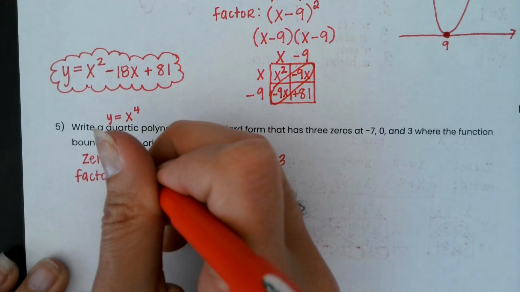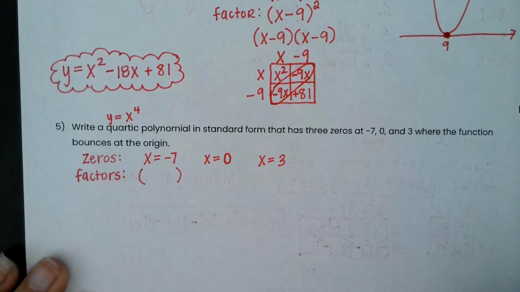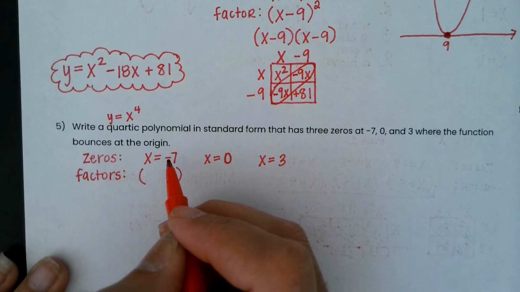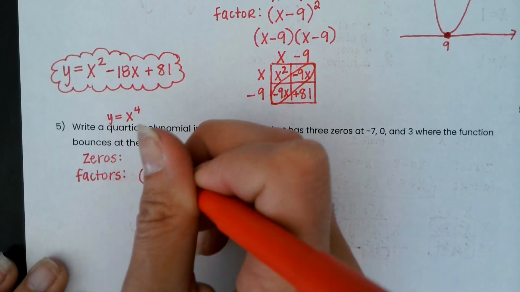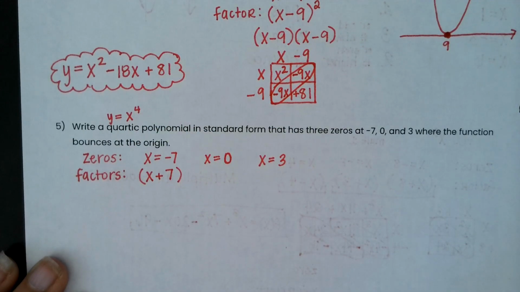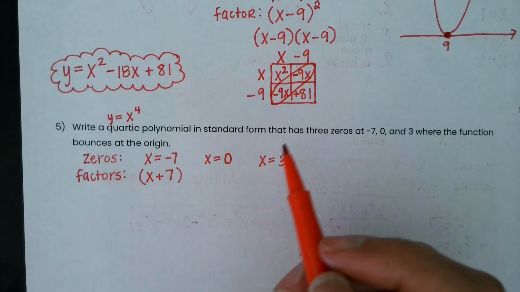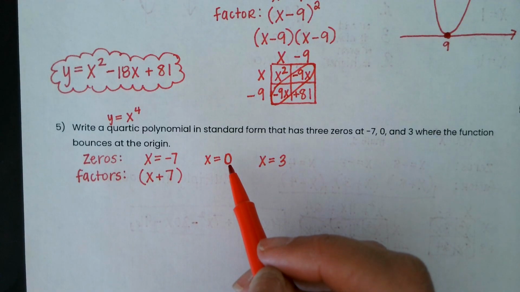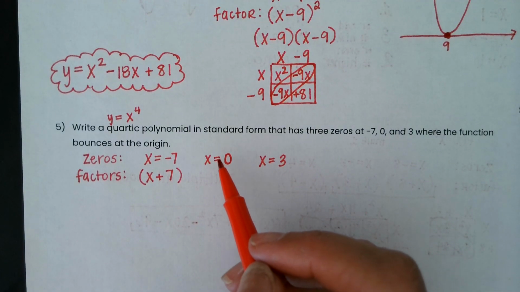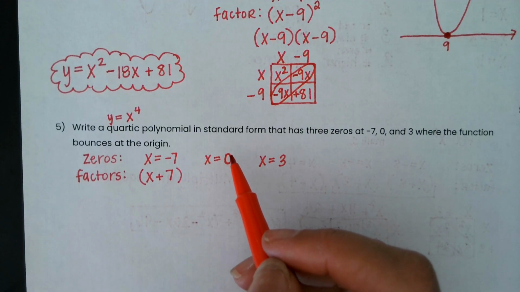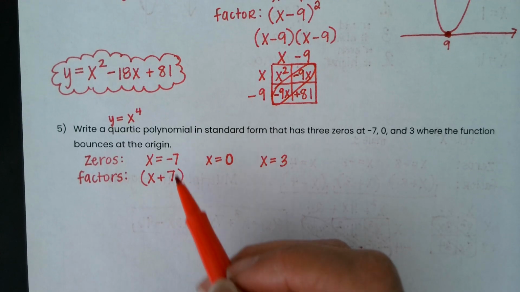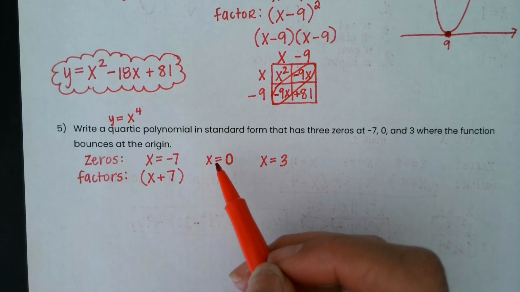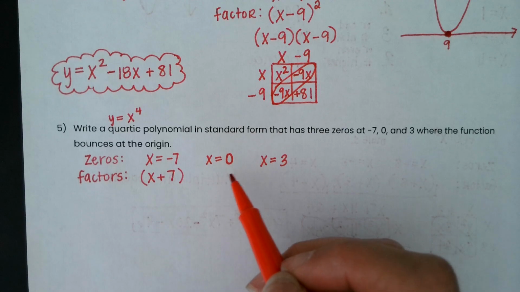Turn our zeros into the factor in the parentheses. So if it's negative 7, then it came from x plus 7. Now, this one's kind of tricky, right? Because 0 is not negative or positive, right? So when you reverse, like this was negative, so we changed it to plus 7, right? You can just say x plus 0, all right?